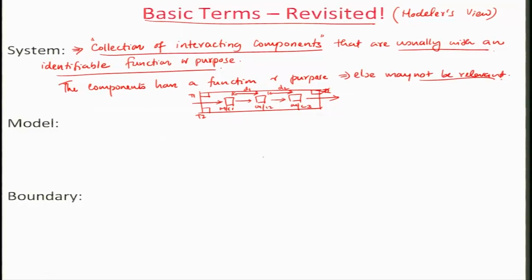So, the collection of interacting components that are usually identifiable and have a purpose, that is what we call a system. Then model, we said that the assumptions that are used in studying the system become the model.